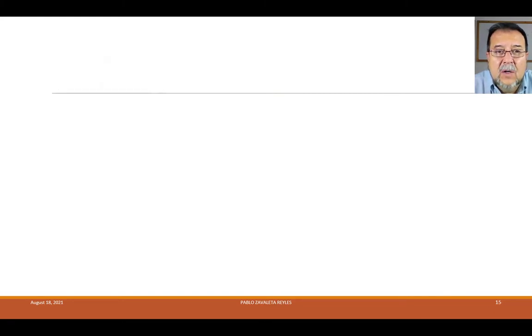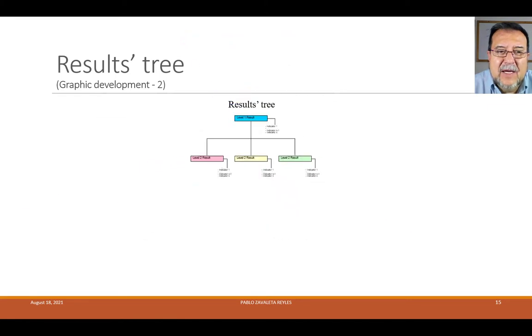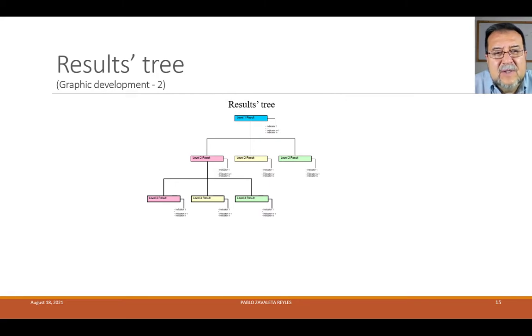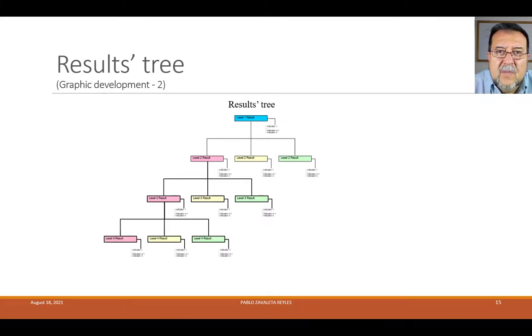And we can go on and develop the same idea further down. So this is the methodology that we will be using to go from one aggregate goal that sometimes it's very difficult to define to multiple small disaggregated results.